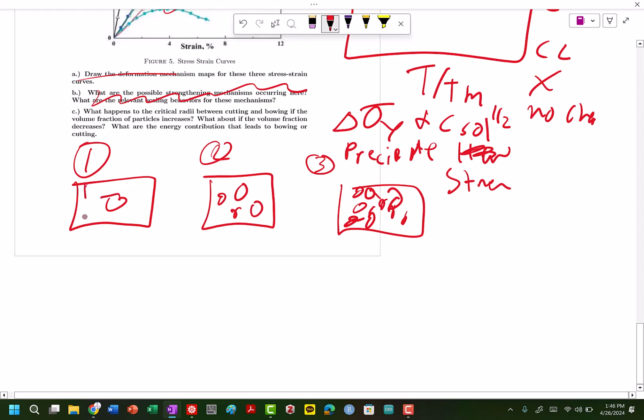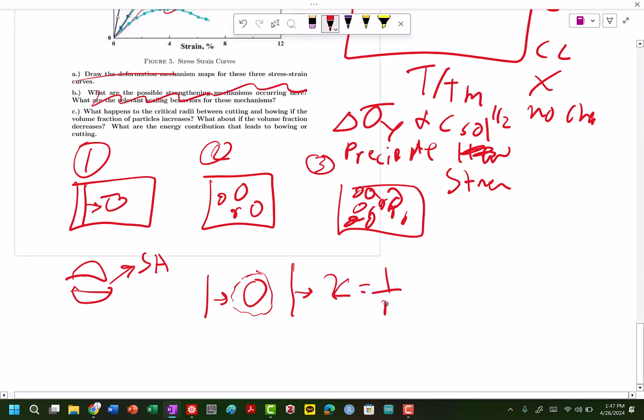When a dislocation line goes to a particle, I could either cut that particle in half, and in doing so, I create surface area. Or I can approach this little precipitate and loop around, and then keep moving my dislocation line. So those are the energy contributions, and to bow around it, I have to deal with curvature.